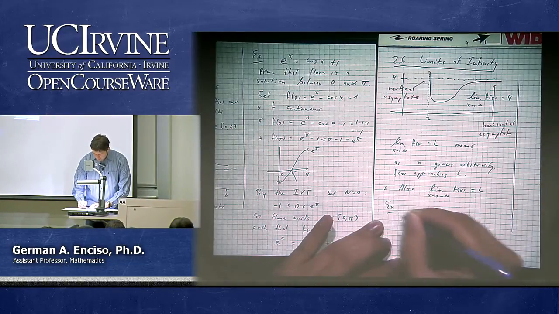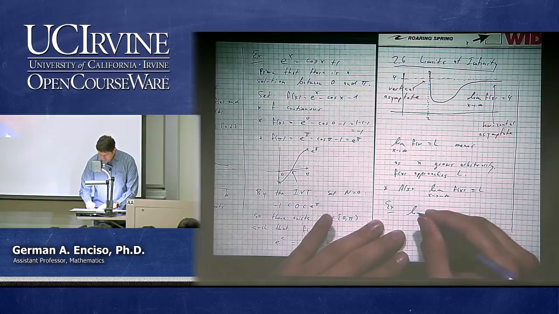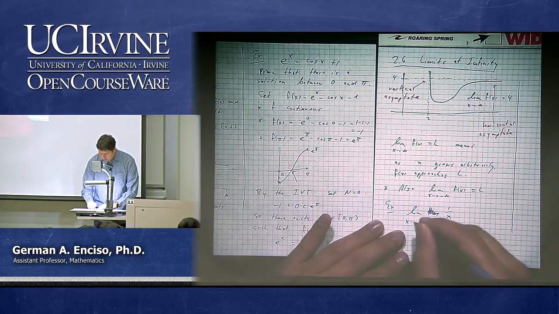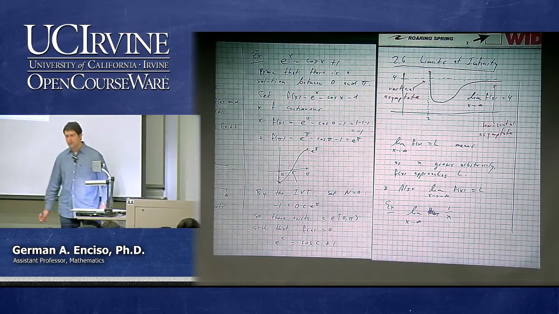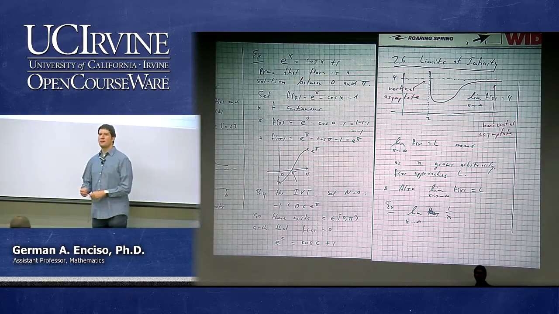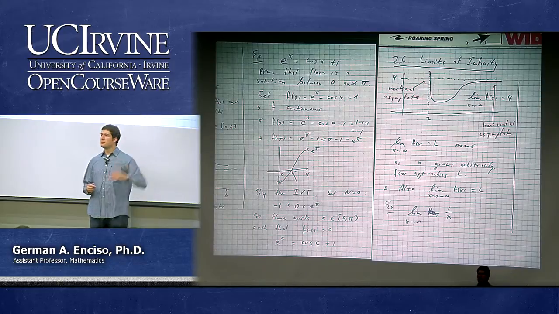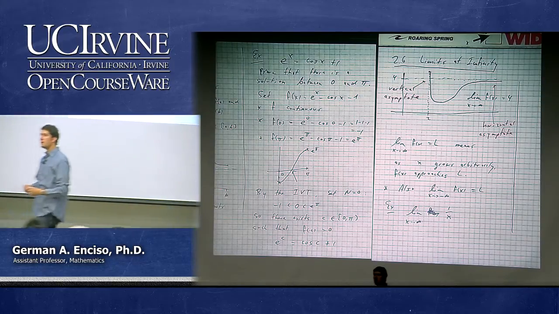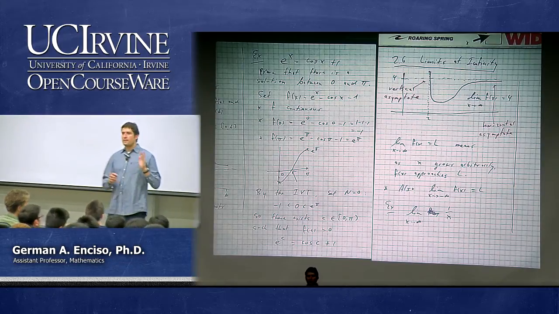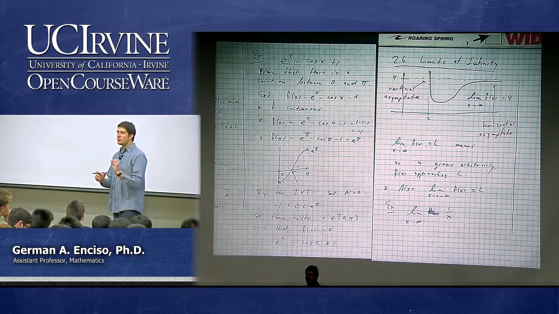So, example. Let's do a really easy one. The limit when x goes to infinity of 1 over x. Who would like to explain to me what that is and why? Yes? It's 0 because 1 over infinity is going to approach 0. Okay, I like that, but you should be a little bit more precise.